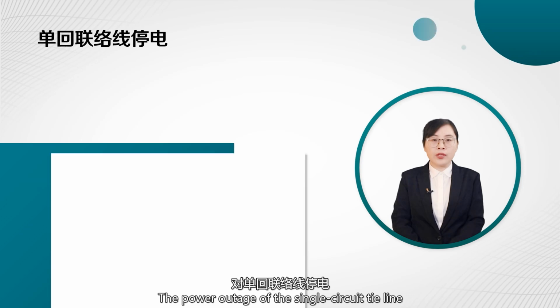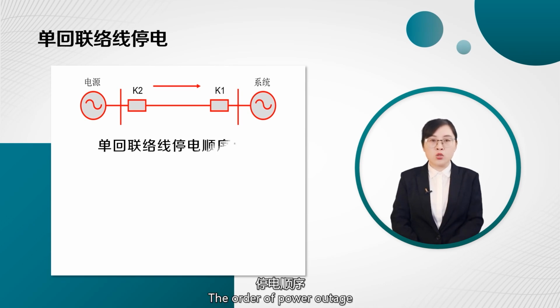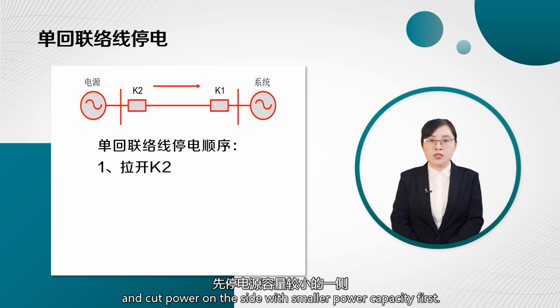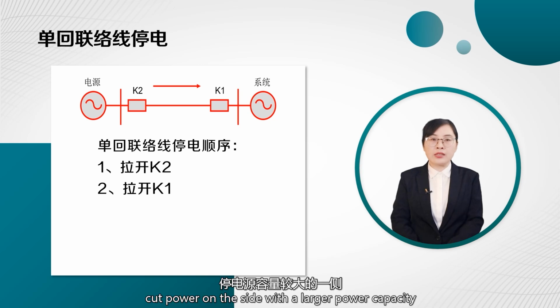The power outage of the single circuit tie line as shown in the figure. The order of power outage. Step 1. Open the K2 circuit breaker and cut power on the side with smaller power capacity first. Step 2. After opening the K1 circuit breaker, cut power on the side with a larger power capacity.